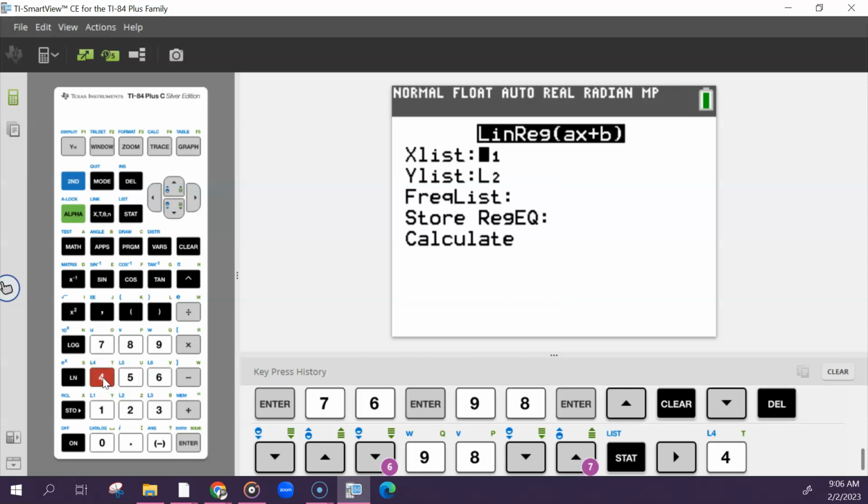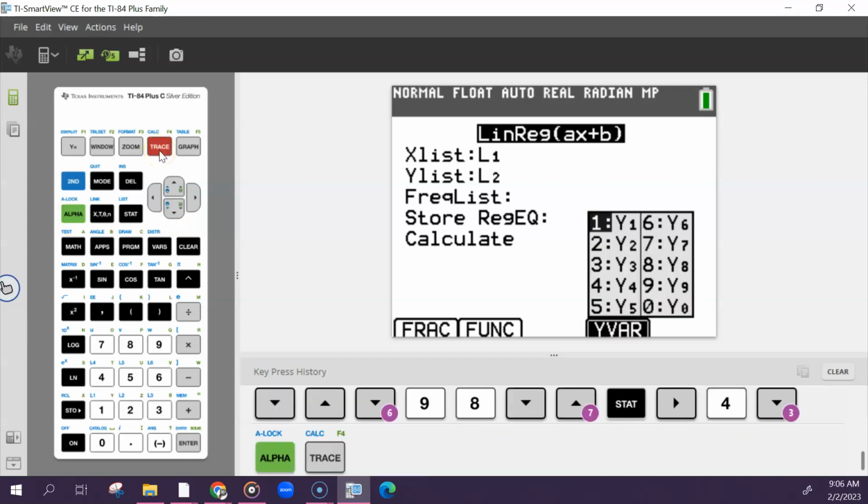Okay. On this screen, make sure this says X list L1, Y list L2. If those don't say that, let me know. It should, especially since we've reset it. Sometimes students change those. And then we're going to scroll down to store regression equation, is what that stands for. And we're going to hit alpha trace.